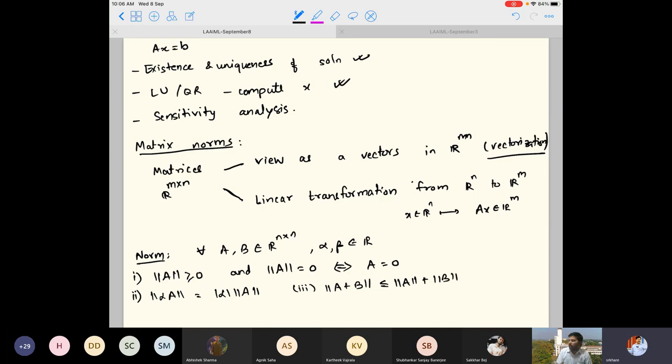This is the triangle inequality. This is also present in the case of vector norms. But this fourth property is something that is new, that is extra added for n by n square matrices, which says that the norm of the product AB has to be less than or equal to norm A times norm B, and this property is called the submultiplicativity property.